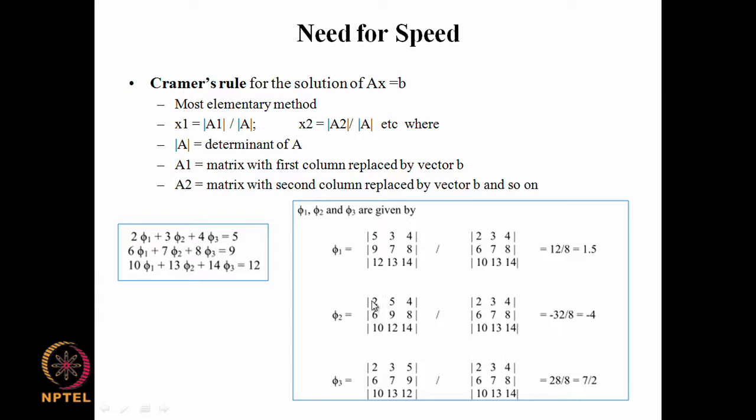So that is why we have 2, 6, 7, 4, 8, 14, these are unchanged, and this column here is replaced by the right hand side 5 and 12 here. Again you evaluate this determinant, and then by dividing by this you get -4.